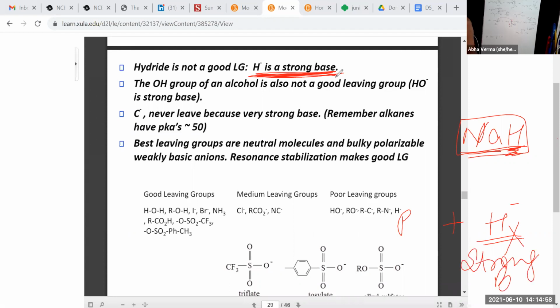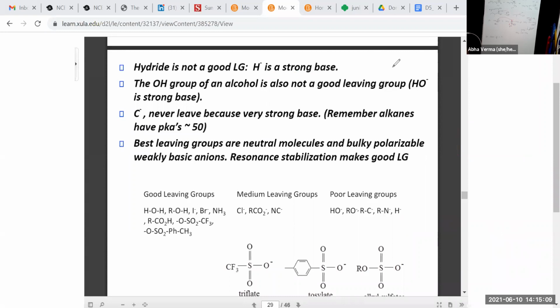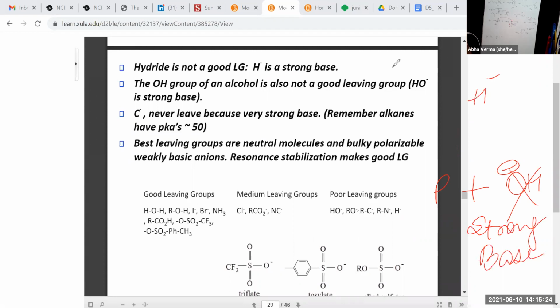What do you need as a leaving group? You need a weak base to be your leaving molecule here. Similarly, if you have sodium hydroxide and you make a product, can you make hydroxide as a leaving group? You cannot. Why? Because this is also a very strong base. So hydrides and hydroxides are bad leaving groups.